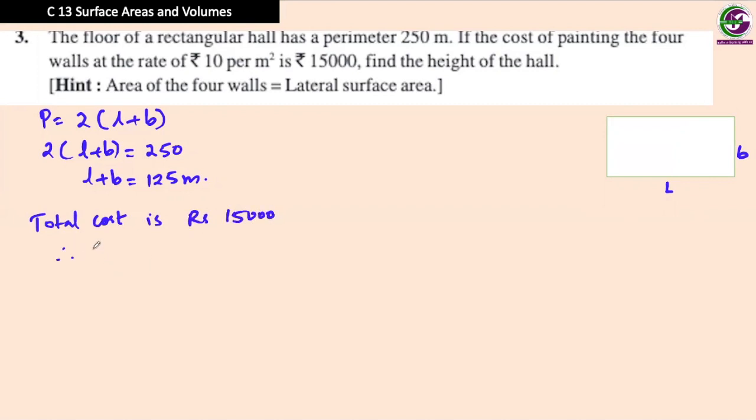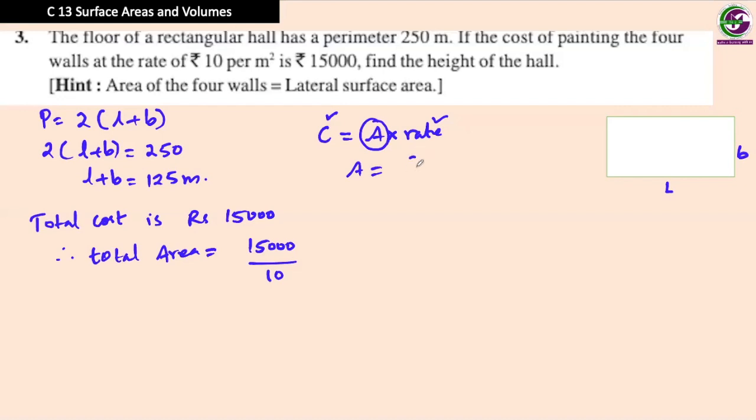Therefore, total area will be 15,000 divided by 10, because cost is equal to area multiplied by the rate. Now we know the rate and we know the cost. So to find the area, it will be cost divided by rate. That's what we did, and we find the area is 1,500 meters square.